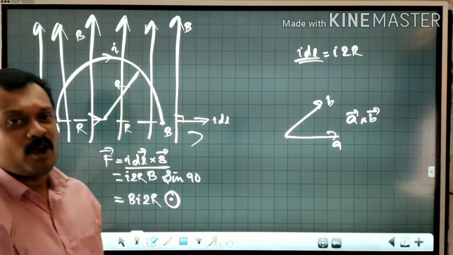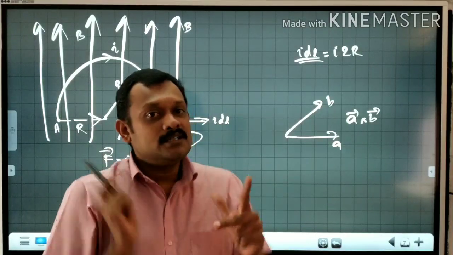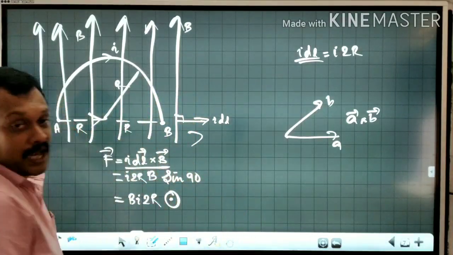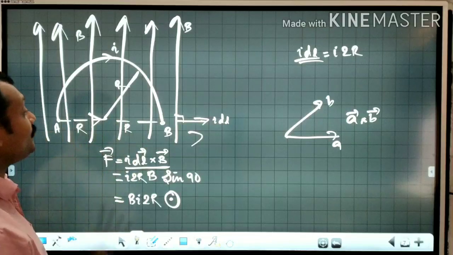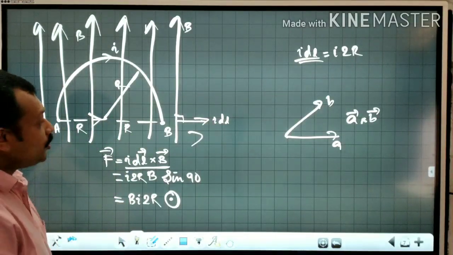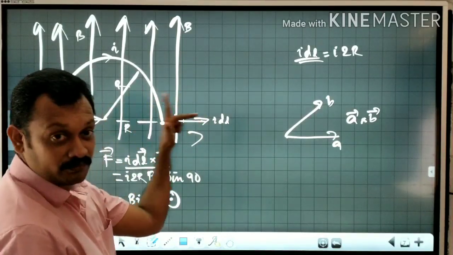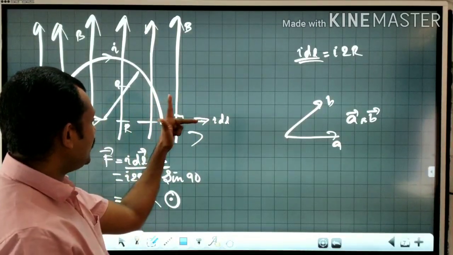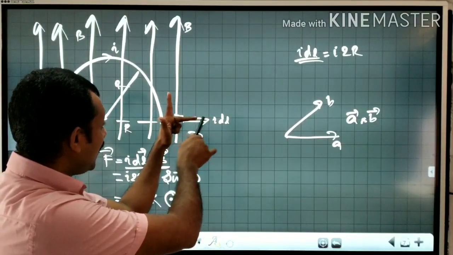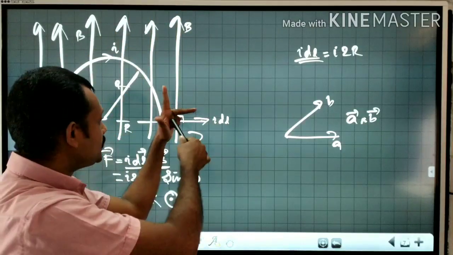This answer can also be obtained in another way by using Fleming's left-hand rule: father, mother, child. Child means the direction of the current for this conductor. Mother means the direction of the magnetic field. So here the effective current is towards the right. So child is in this direction, mother is upwards, that is the magnetic field is upwards.